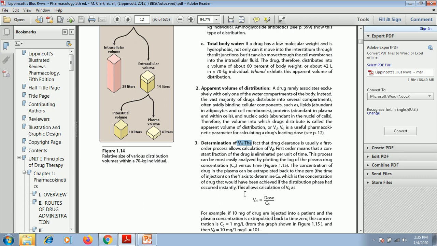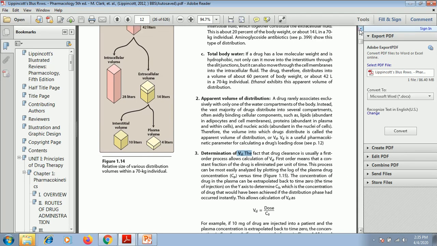The volume of distribution also tells us about the half-life of the drug. I give you an example here.